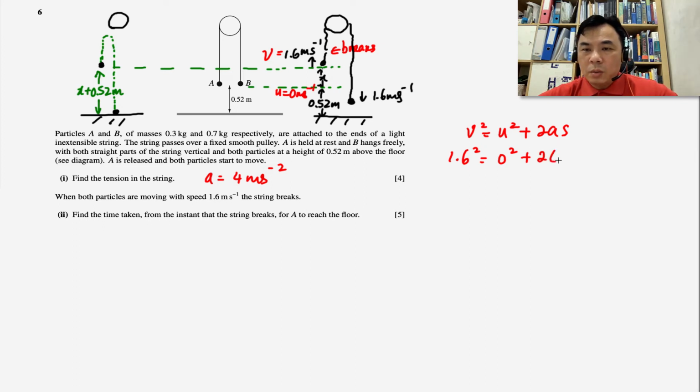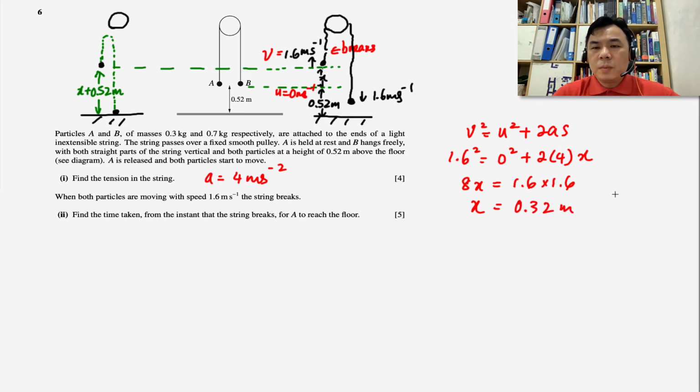Therefore, from here we put down 4, and we are interested to find out how far it moved, so I label that as x. From here we have x equal to 1.6 times 1.6 over 8. So x is equal to 0.32 meters. Okay, so I hope that is clear. You can check with your calculator on this.